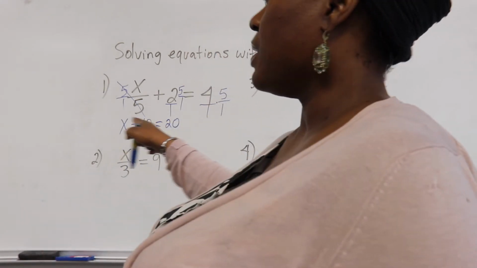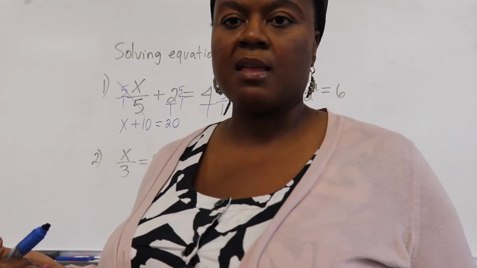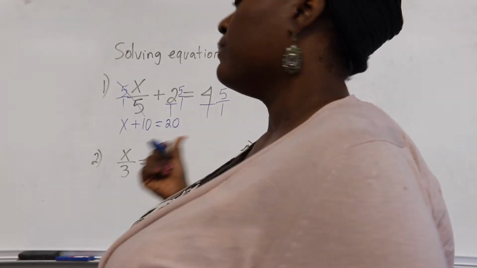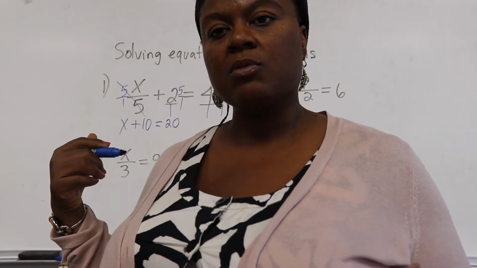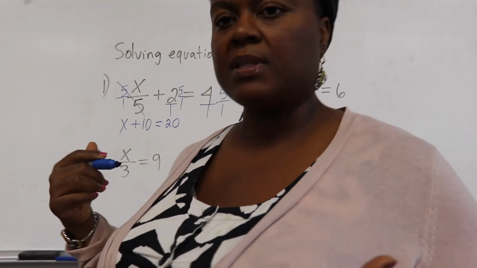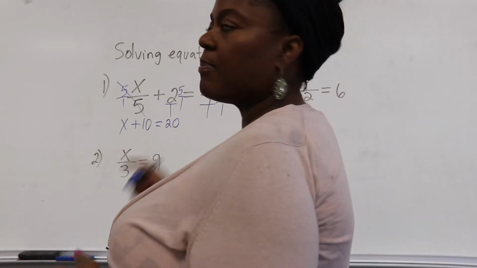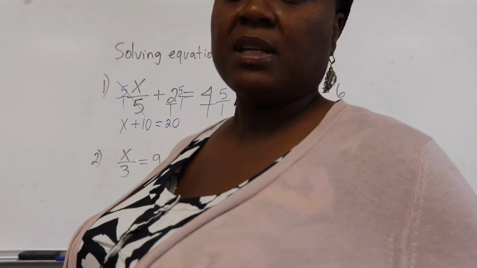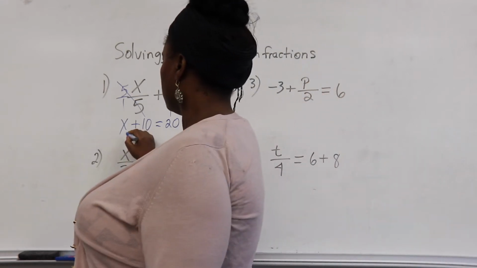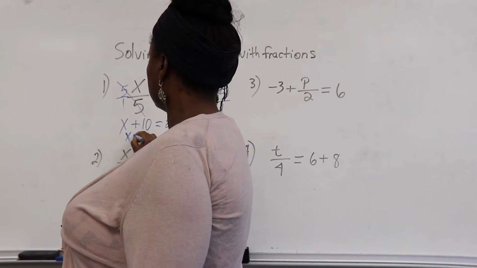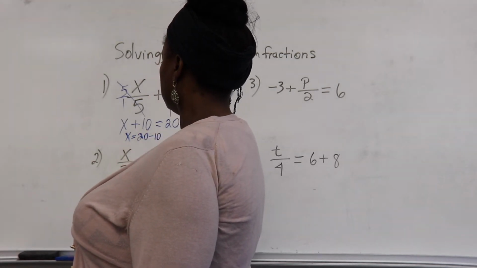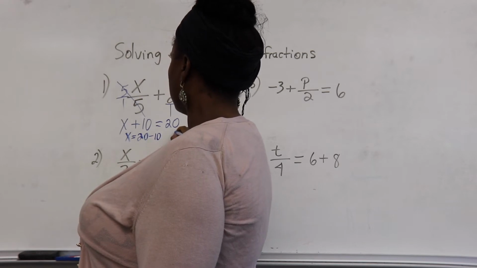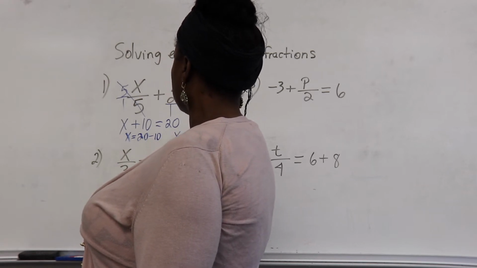So we need to combine that 10 and that 20, right? First though, we have to move the 10 to the opposite side of the equal sign as its opposite since it's moving. So the opposite of positive 10 is negative 10. So that's x equals 20 minus 10, meaning our answer is going to be x equals 10.